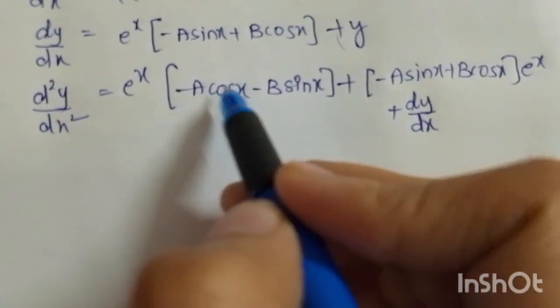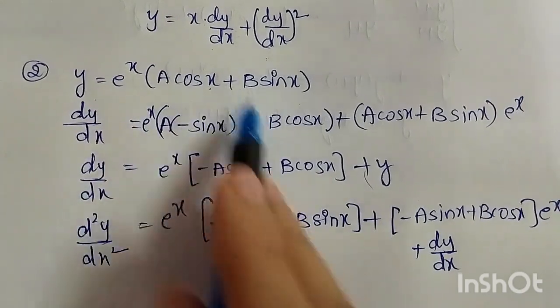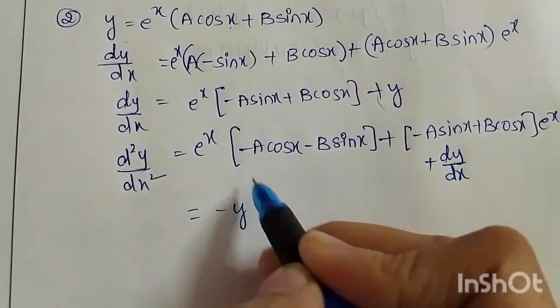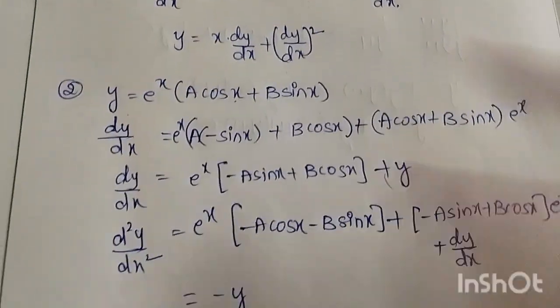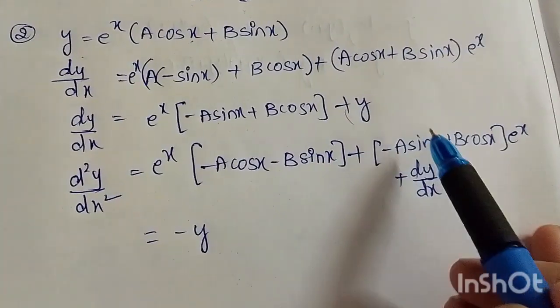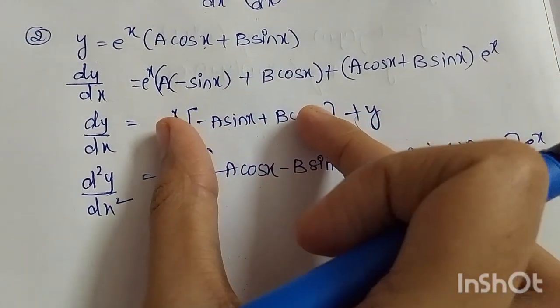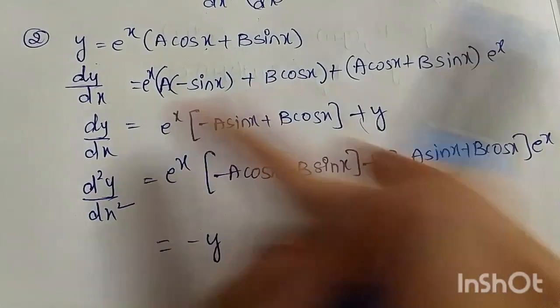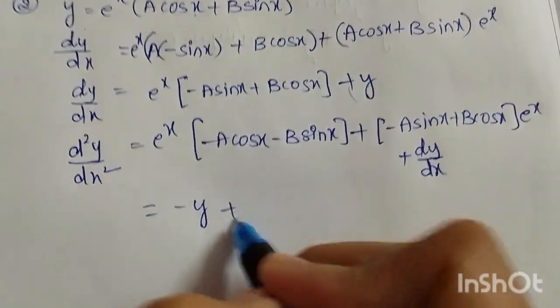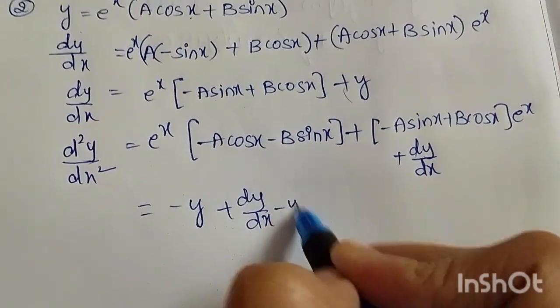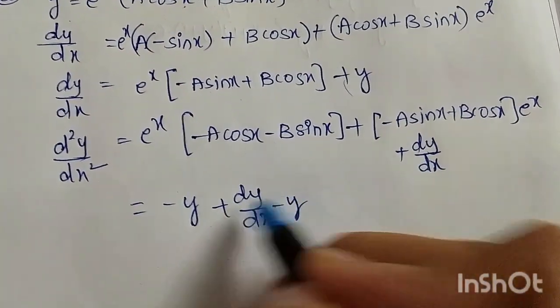Now see, if I take minus common here, it will be nothing but y, right? So I can write it as minus y, this term. Okay, minus y. And next, see this term, which is nothing but this term, right? So I can write it as dy by dx minus y. Okay, so dy by dx minus y, and this term, which is nothing but dy by dx.